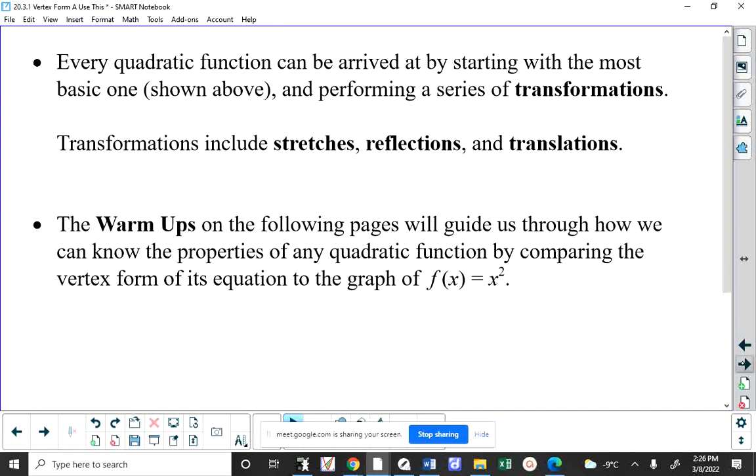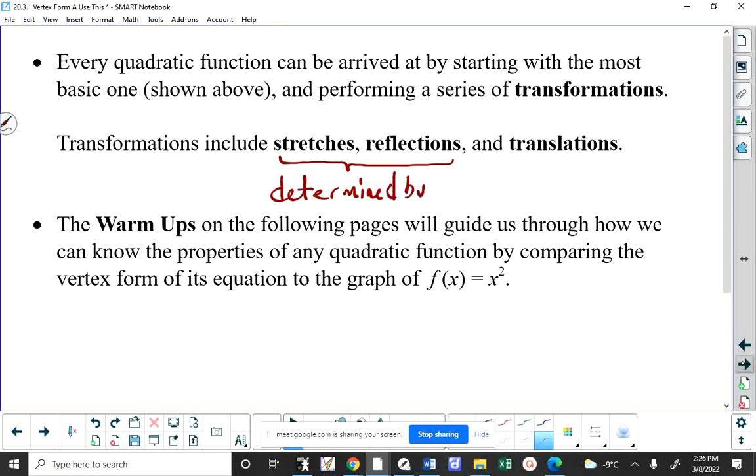So in these warm-ups, we're going to learn that basically, everybody, these two things are determined by a, and this is determined by p and q.